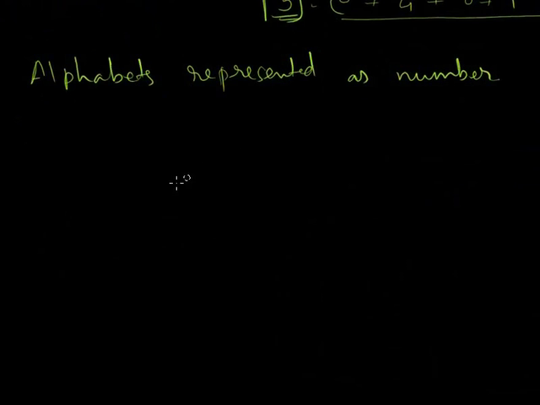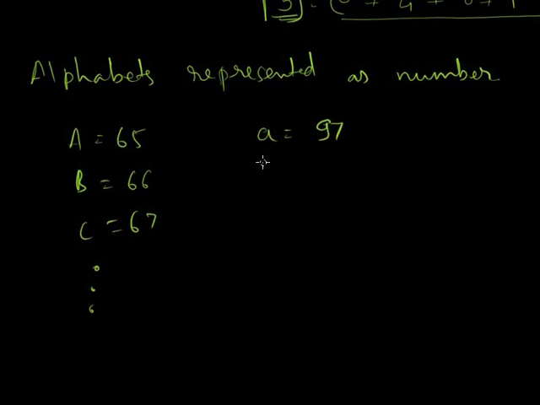We have codes for alphabets. A has 65, B has 66, C has 67, and on and on. Similarly, for small a we have 97, small b has 98, small c has 99, and so on.